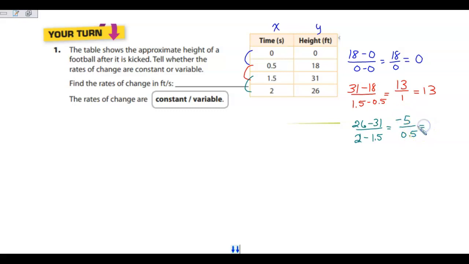And if I take negative 5 and divide it by 0.5, I get negative 10. Sorry, 10. So take a look at our y divided by x. Do we have a constant or do we have a variable? We have a variable because each one is different.